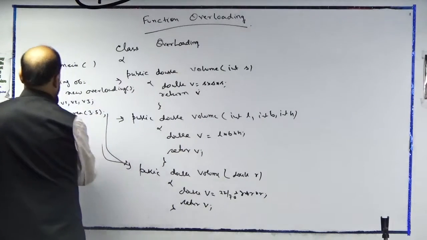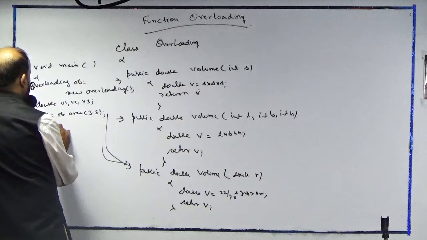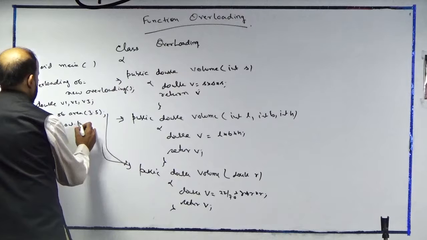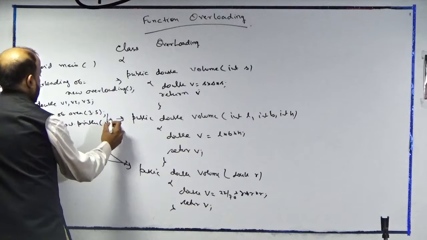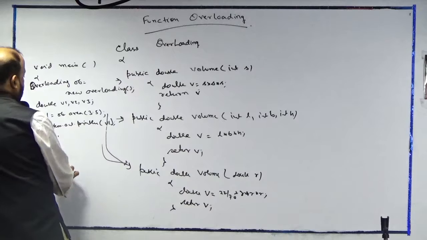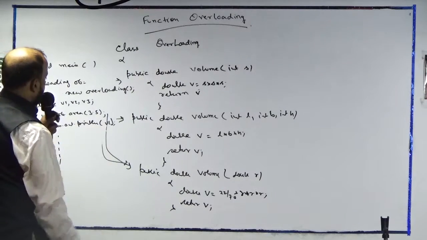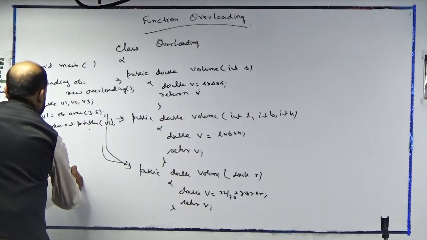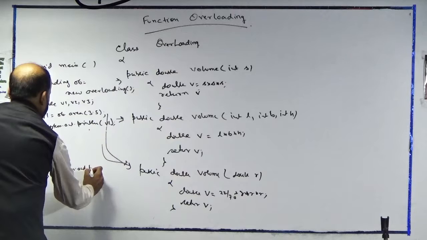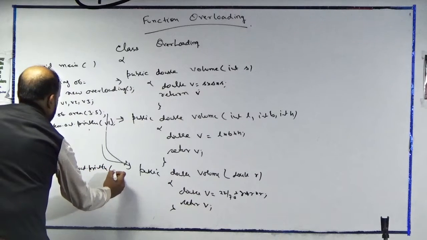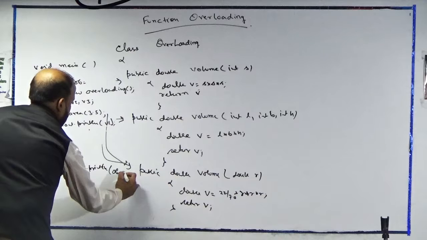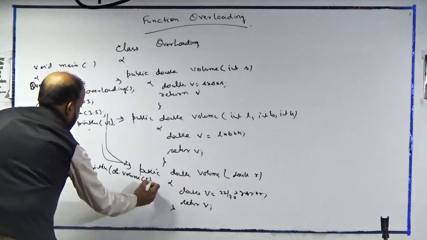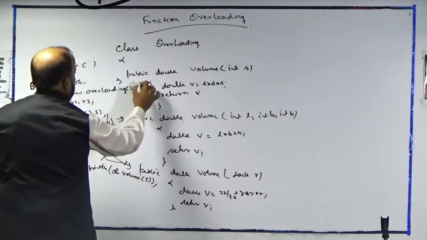This one will be called. Again, you have to print V1. Like this, you have to call the other methods and you have to print. You can directly print also. Then this will be called.